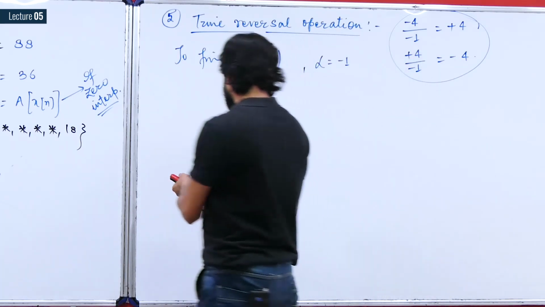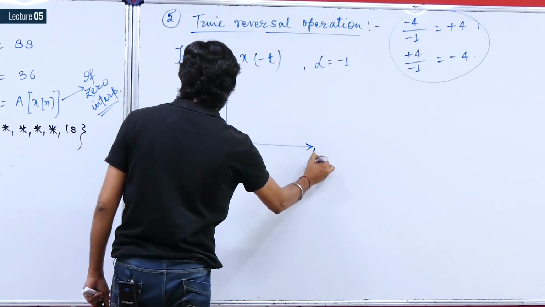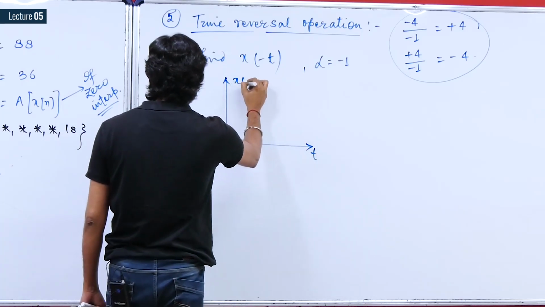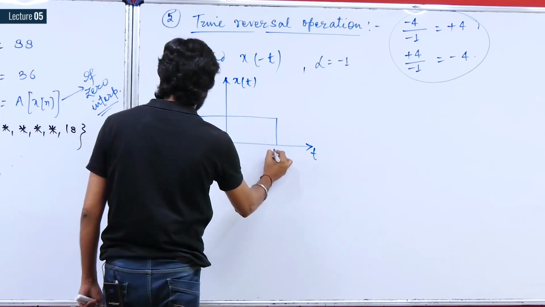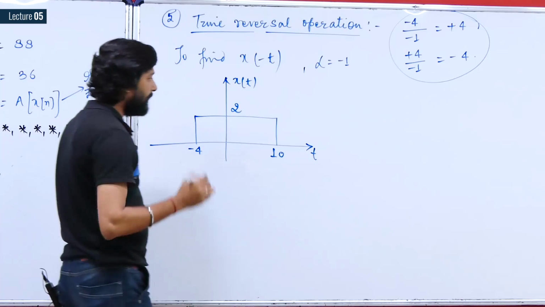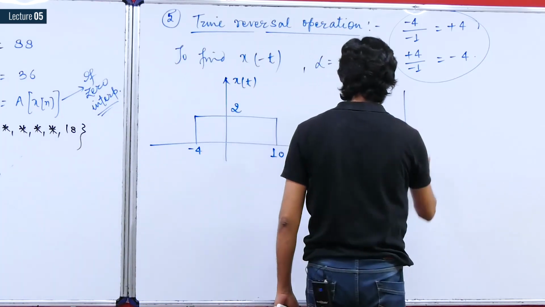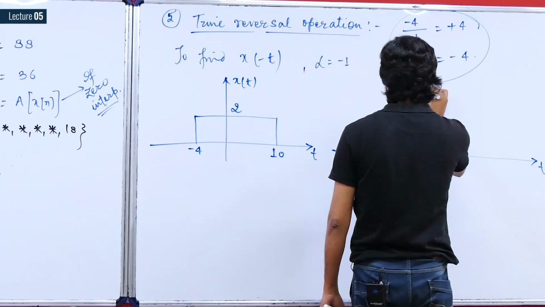To understand properly, let it be any signal x of t, with respect to t. Let it exist from -4 to 10 with value 2. So if it is x of t, with respect to t only, we have to find x of -t.